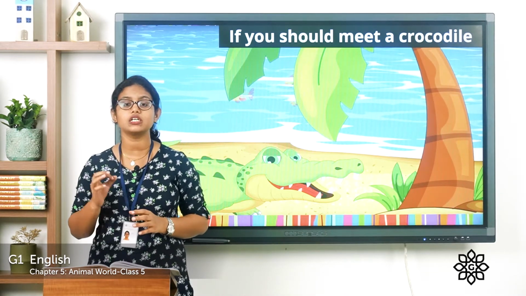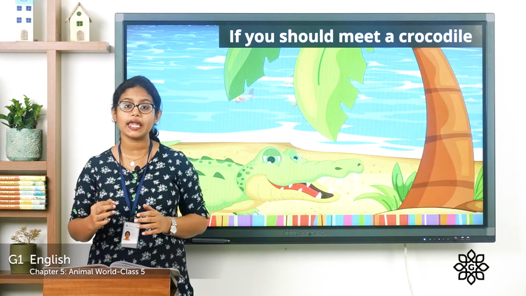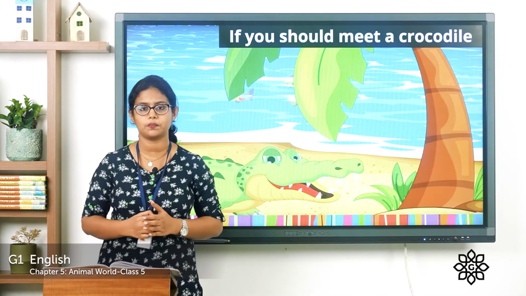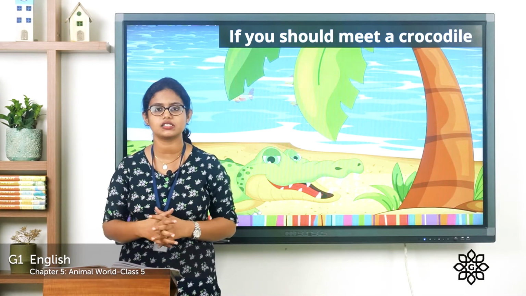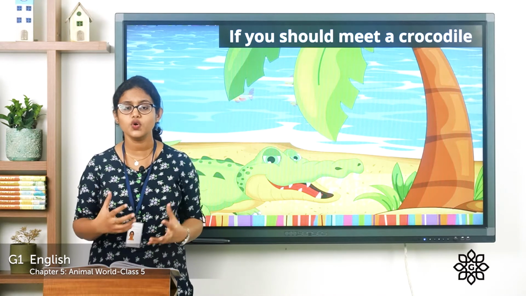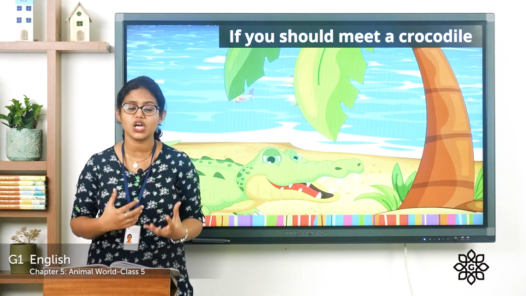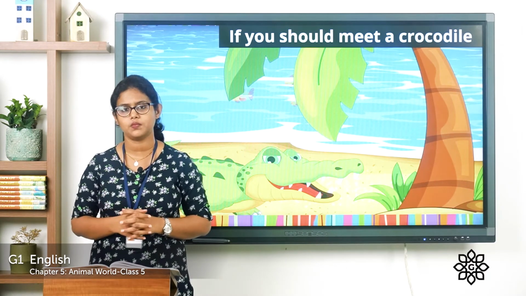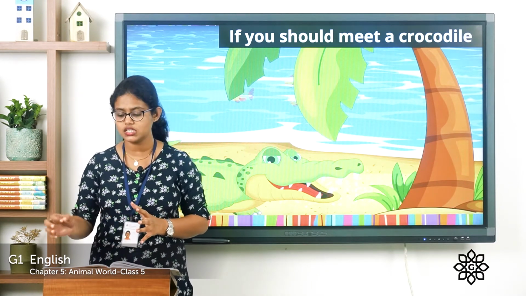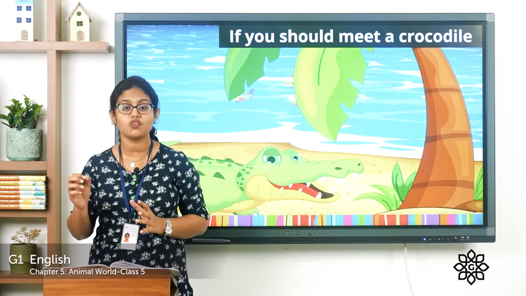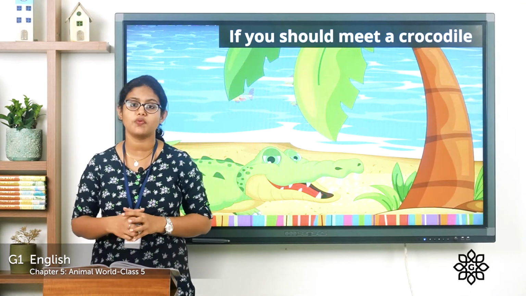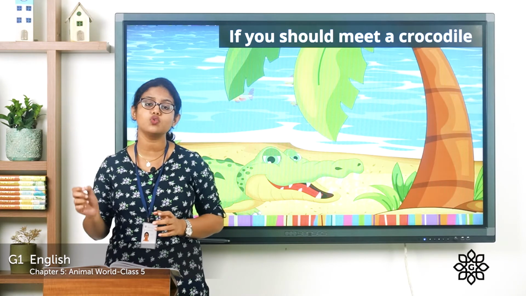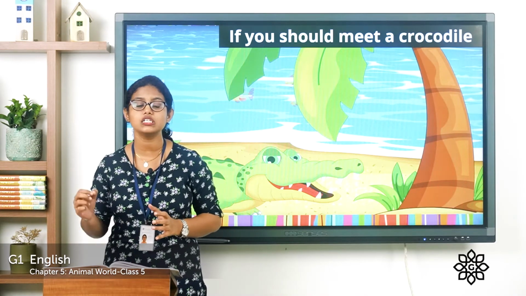So let's start with the first 2 lines. If you should meet a crocodile, don't take a stick and poke him. So what do these 2 lines say? If you get a chance to meet a crocodile, you should not poke him. On this page, you can see the picture of a little boy sitting on top of the tree, and he is trying to poke the crocodile with a stick.